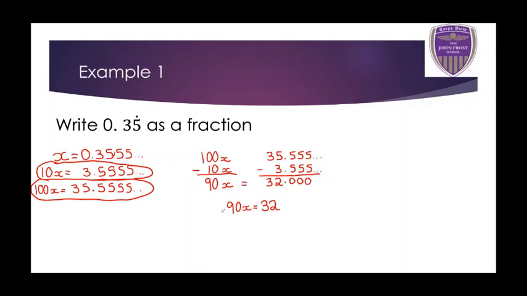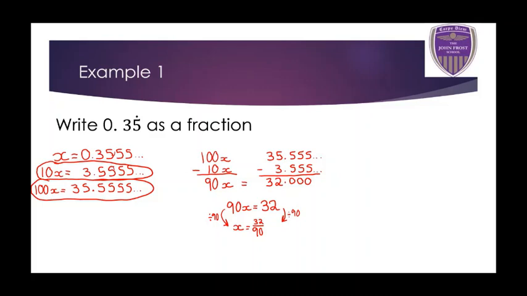So we need to get rid of this 90. I need to divide both sides of the equation by 90. And that will give me x is equal to 32 over 90. Okay, now that is the answer to this question. x is 32 over 90, and we have found the equivalent fraction of 0.35 recurring.